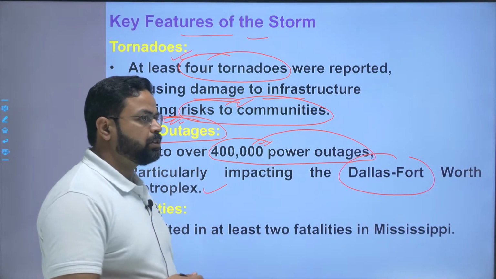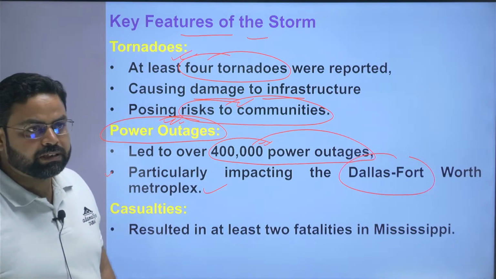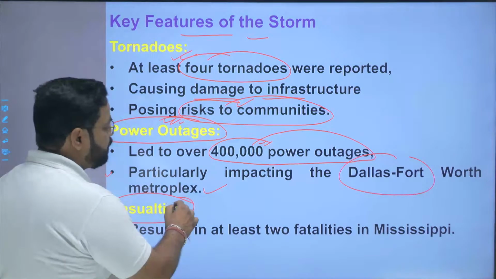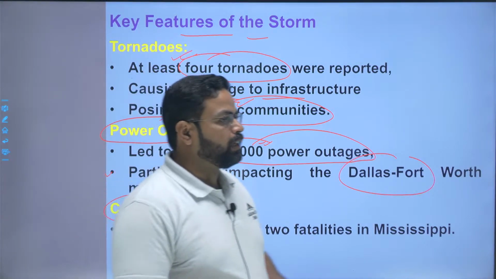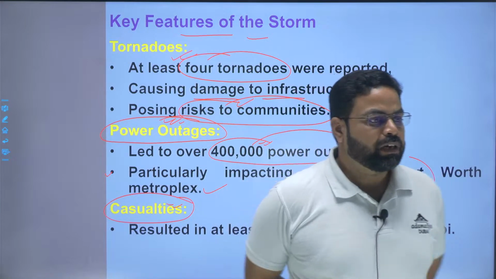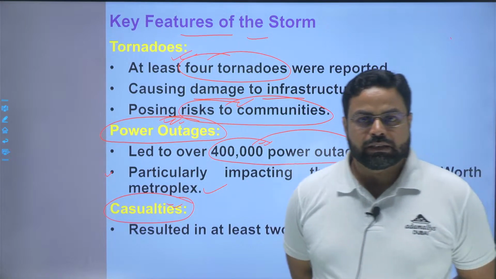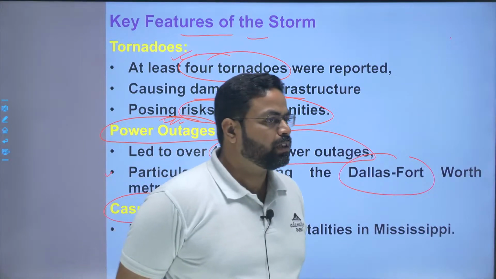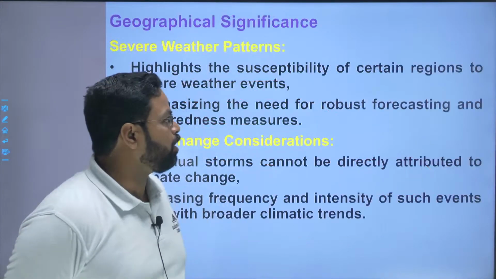The Dallas Fort Worth metroplex was the most affected region because of this, and casualties were also there. Two fatalities were reported because of this, and this was the situation due to this climate extreme or this tornado complex or storm complex.